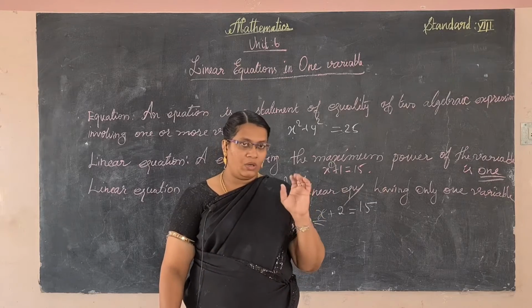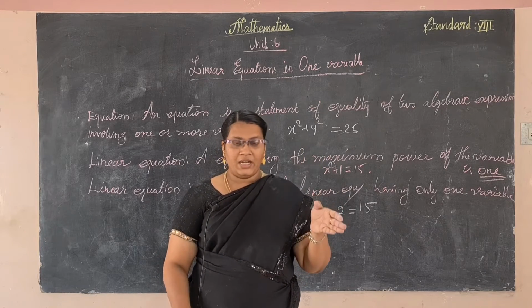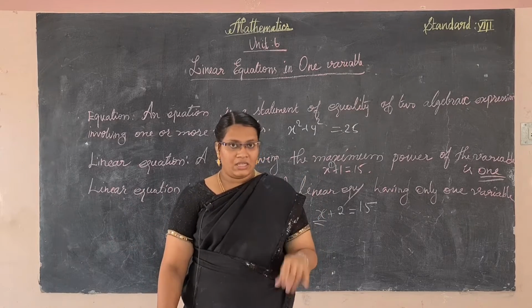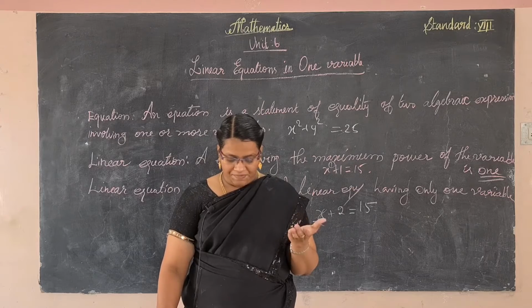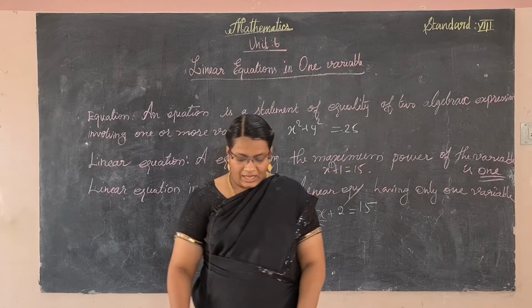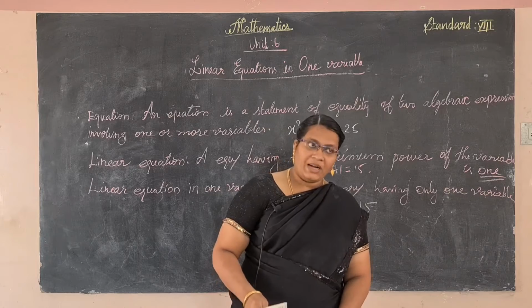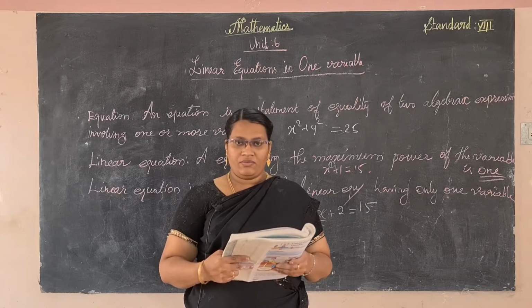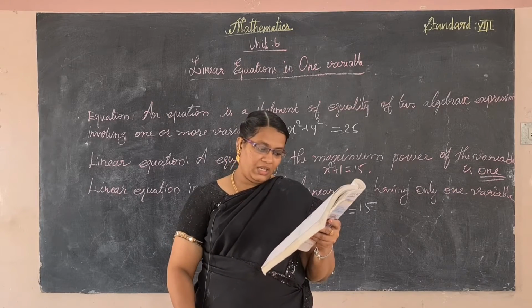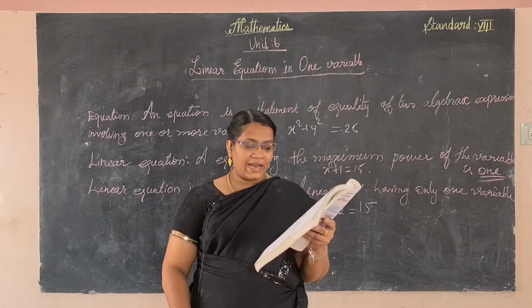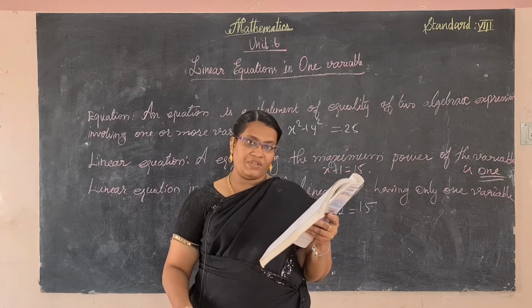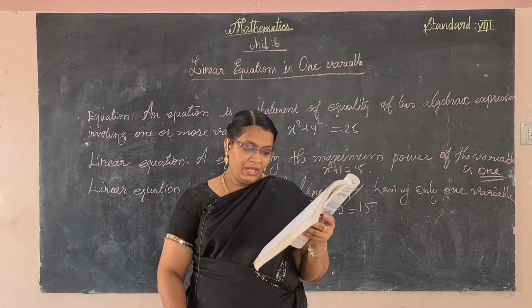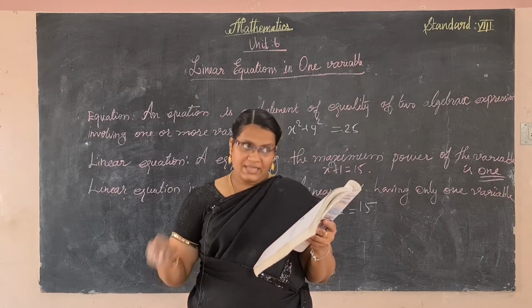If you add a number on the left hand side, you should add the same number on the right hand side. Then subtract the same number from both sides of the equation, multiply both sides of the equation by the same number, and divide both sides of the equation by the same number.